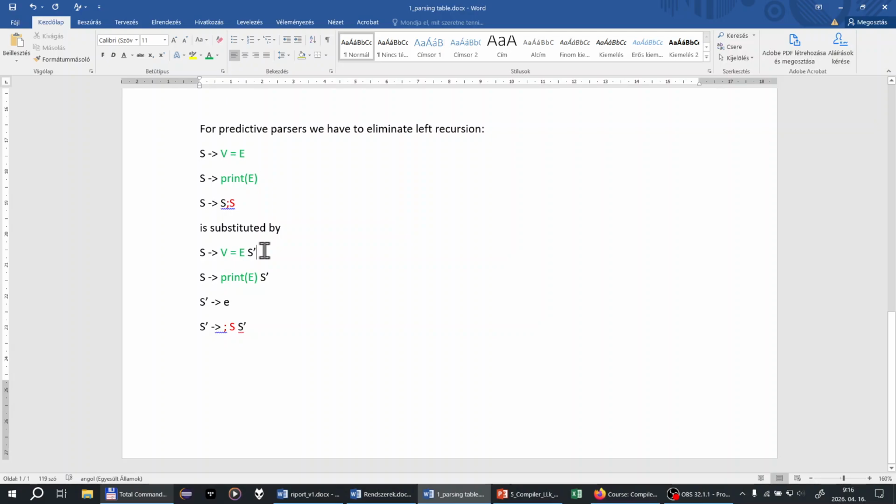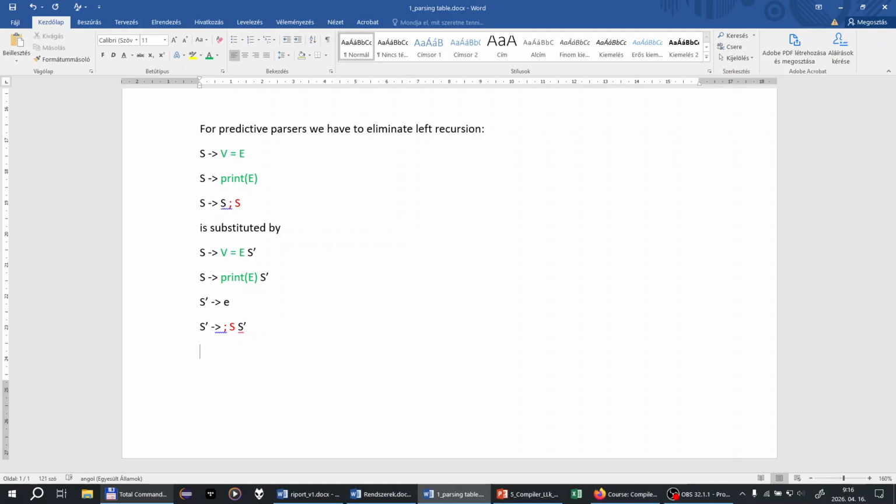So we have the S prime for all the terms where we have no recursion, and for the S prime we have either empty or the repeated part.